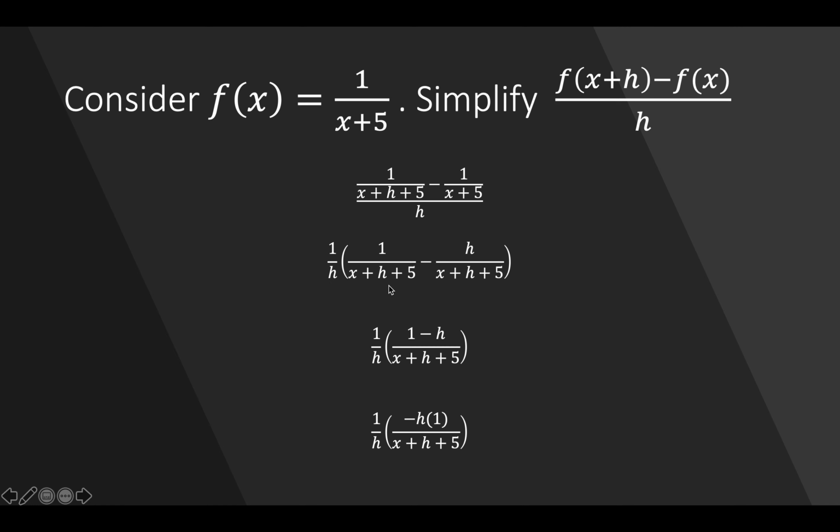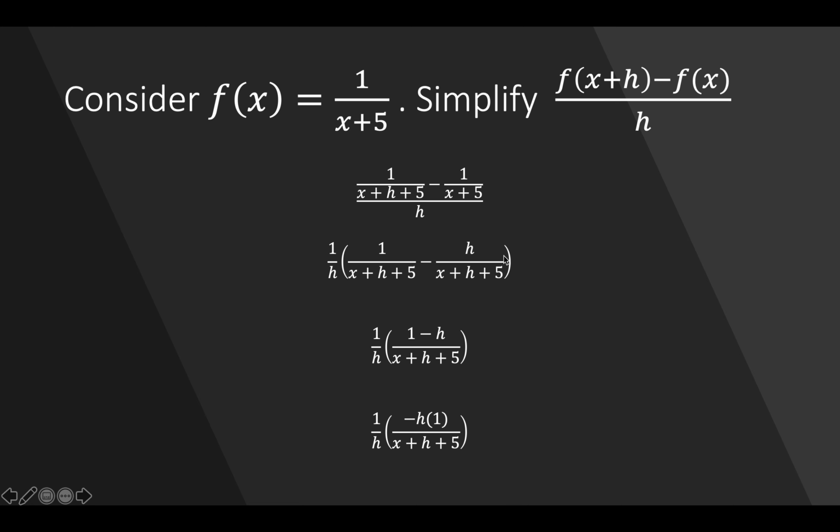Then I found a common denominator to later combine the numerators. Since x plus h plus 5 was the least common denominator, I took what was missing from the other side and multiplied it by the top and bottom.